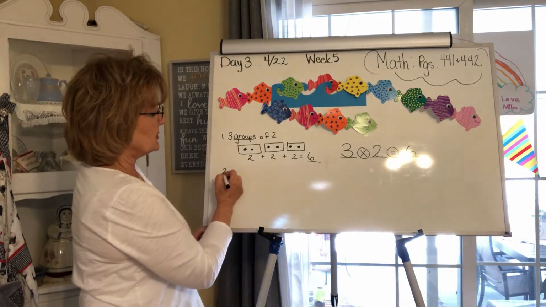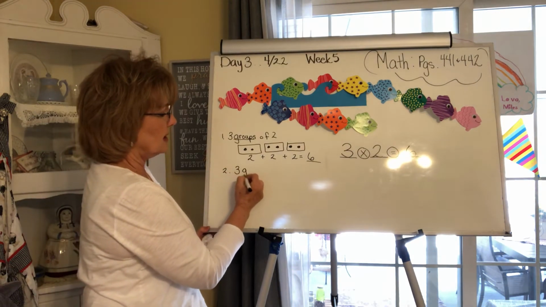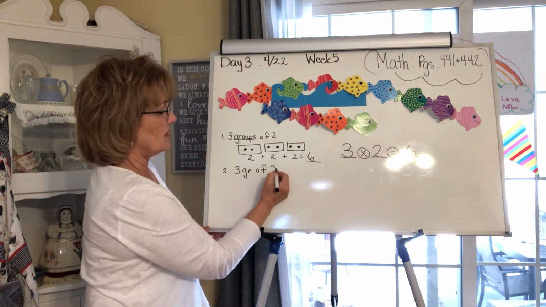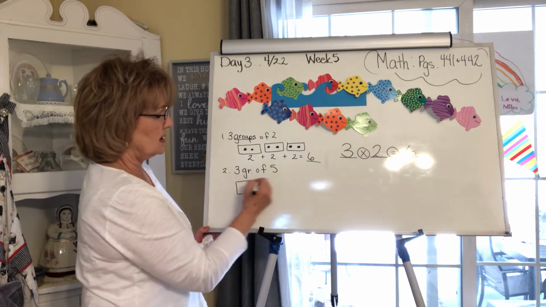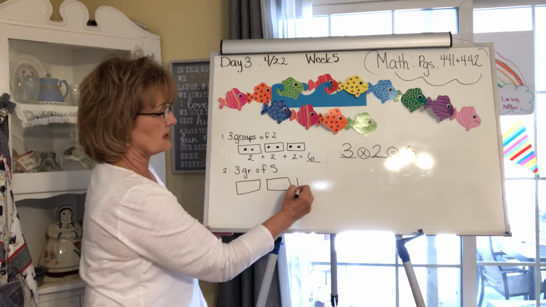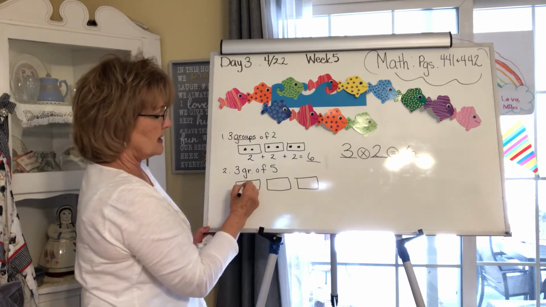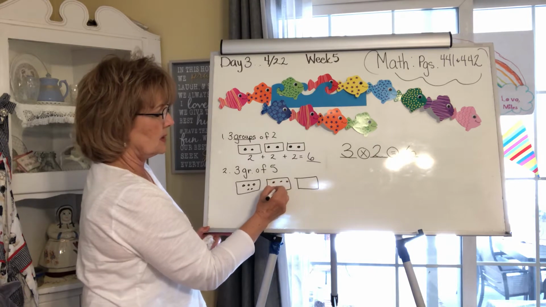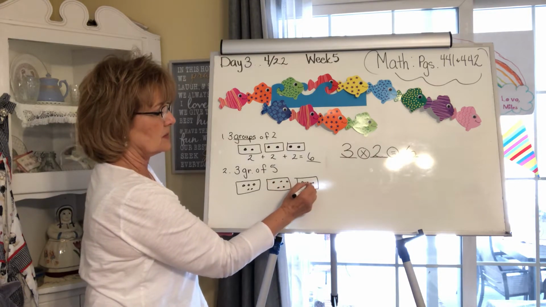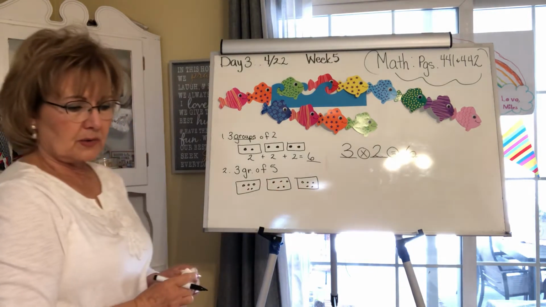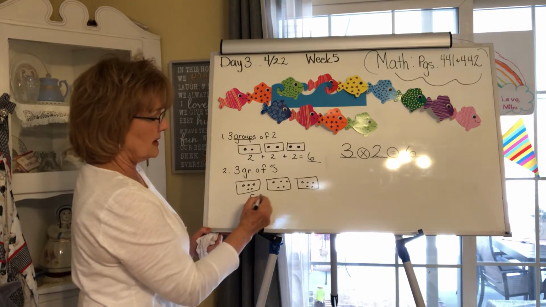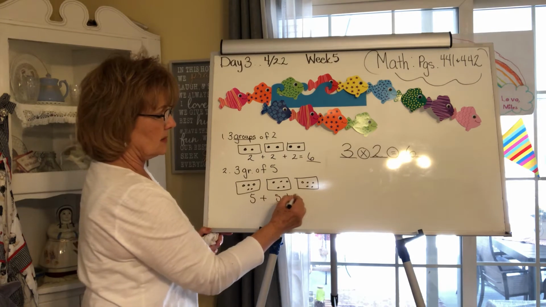Now for number 2, you've got 3 groups of 5. So once again, draw your 3 groups, and this time you're putting in 5 dots, whatever that looks like to you. Okay, 3 groups of 5. That's the same thing as saying 5 plus 5 plus 5.